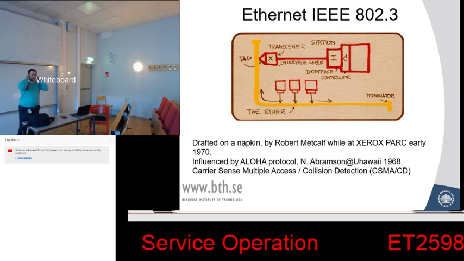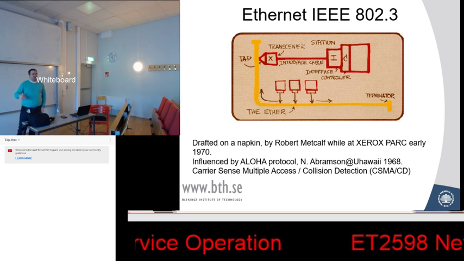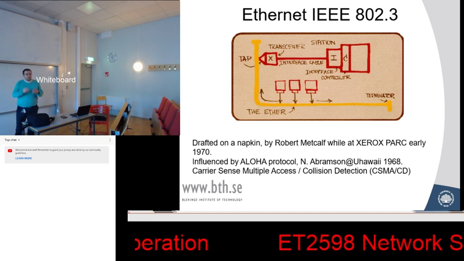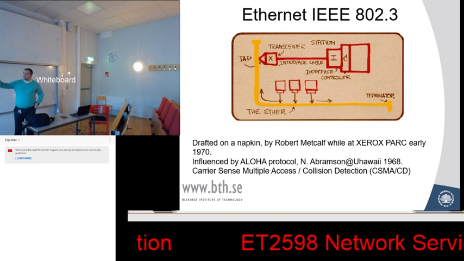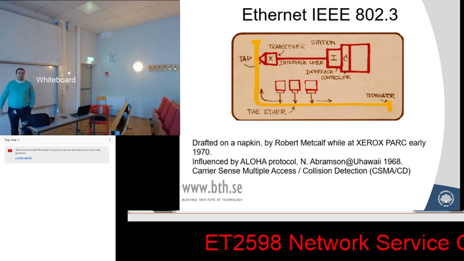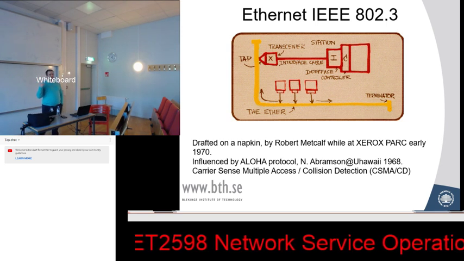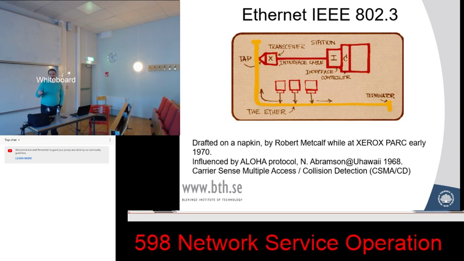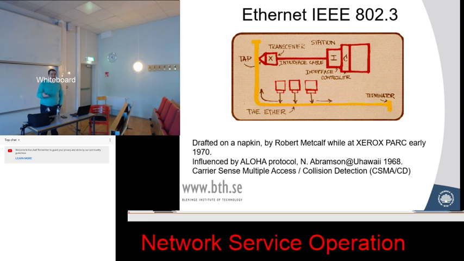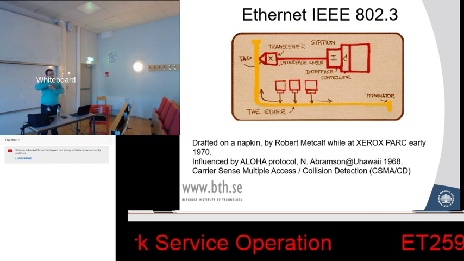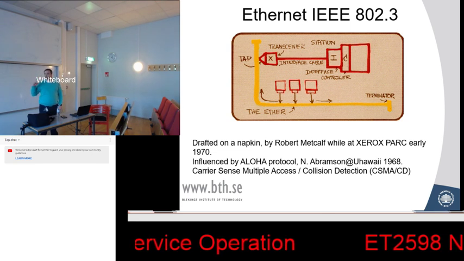Now, our ears are good at handling that, but a computer or this type of device is not. It will become gibberish. That's where collision detection comes into play. So you start talking, and if there's a collision detected by you, you know, okay, my signal got scrambled, I'm stopping transmission.